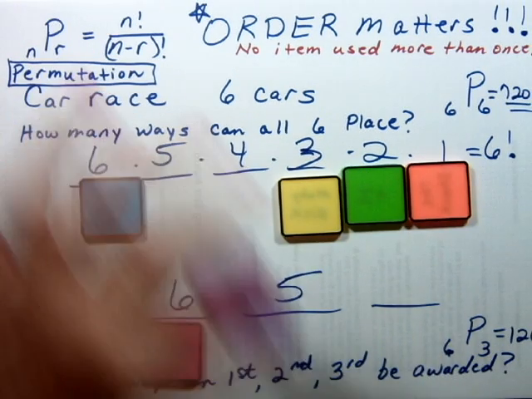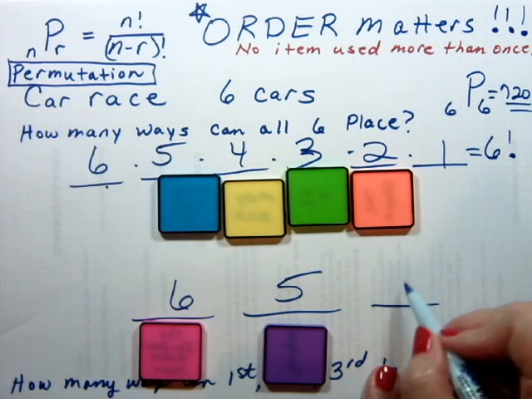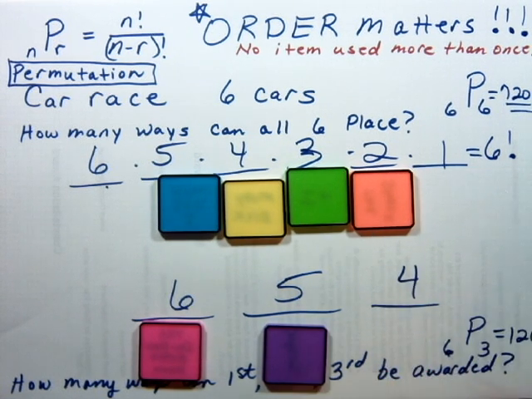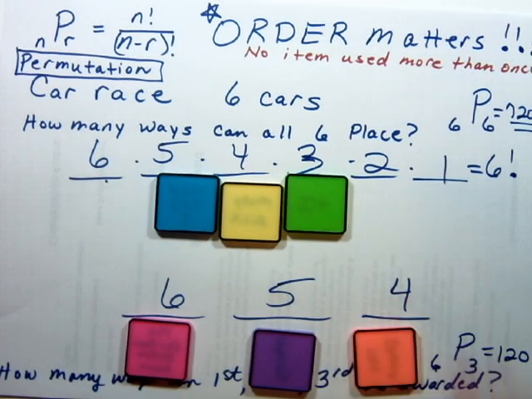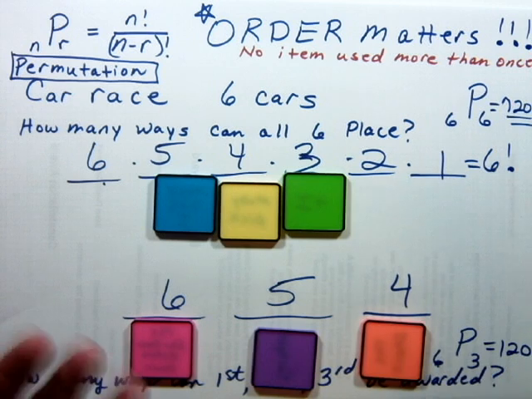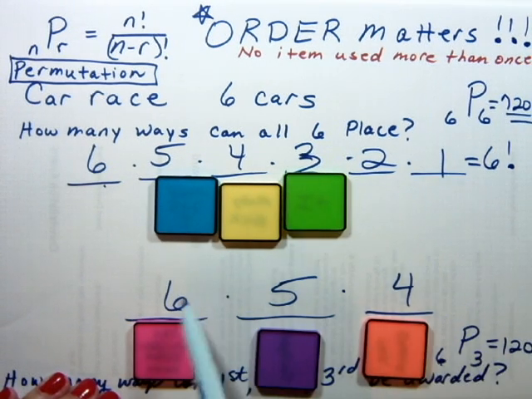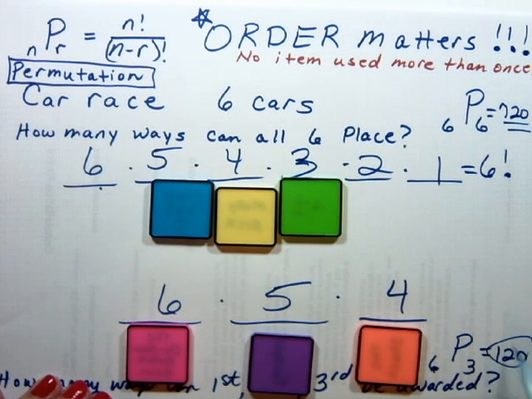Purple, because I like it best out of these. Now, how many choices do I have for third place? I have 4 choices that I could put here. Let's say it's this one. This is one first, second, third combination that I can have. Now, if I want to find out how many ways, 6 times 5 is 30, times 4 is, well, looky there, 120.